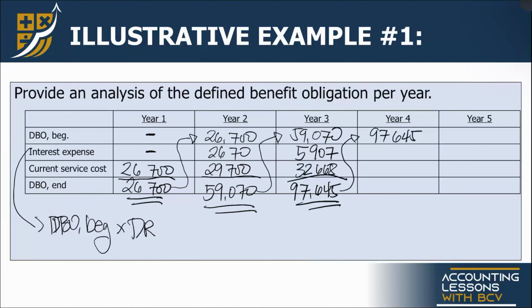It will be 9,765. Current service cost, year 4, 35,938. How much is our DBO ending? 143,348.